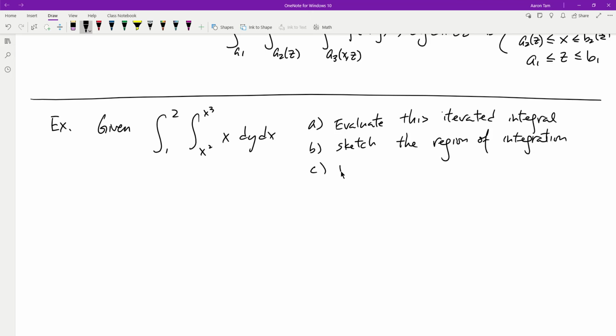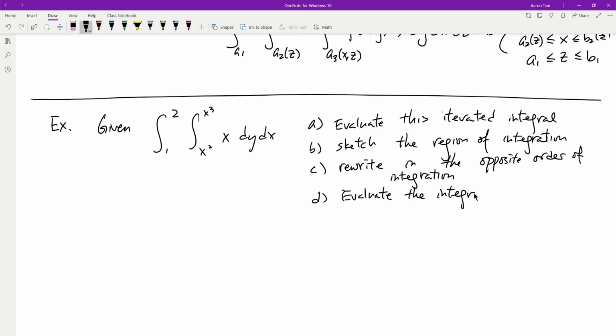And how about C, rewrite in the opposite order of integration. And I'm not going to ask you to evaluate, but if you want to evaluate it just to see that you get the same answer, you can definitely do that. D, evaluate the integral in step C.